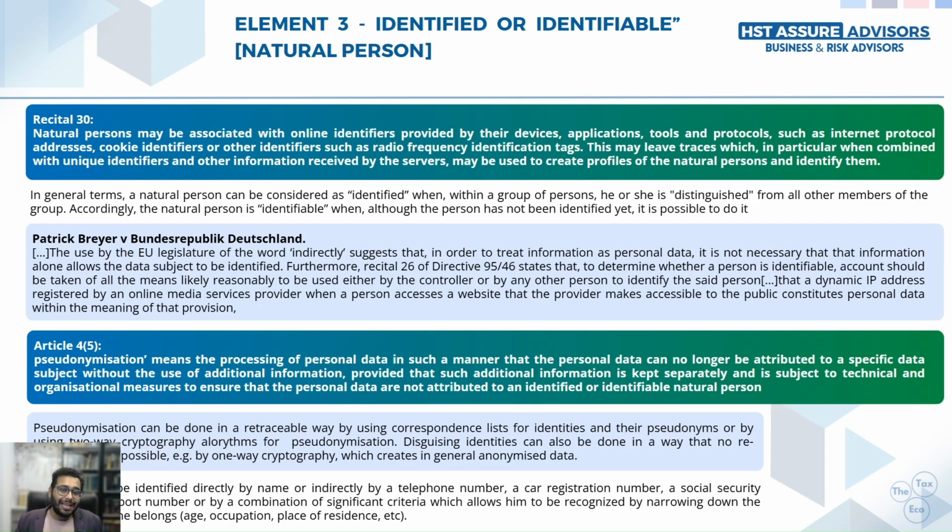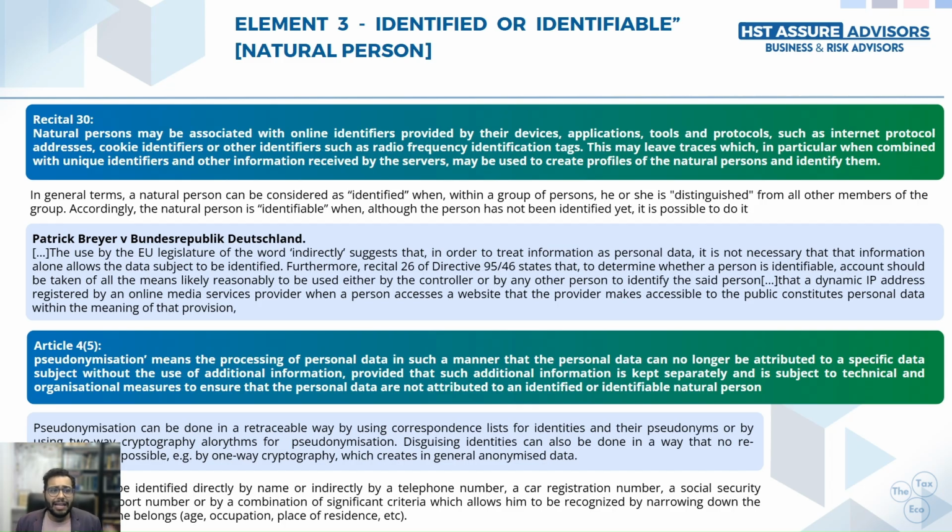Now, is it necessary that I need to identify the person physically? The answer is no. And the details are given in your recital 30. Recital 30 says that a natural person may be associated with online identifiers provided by their device, applications, tools, protocols, or something like that.